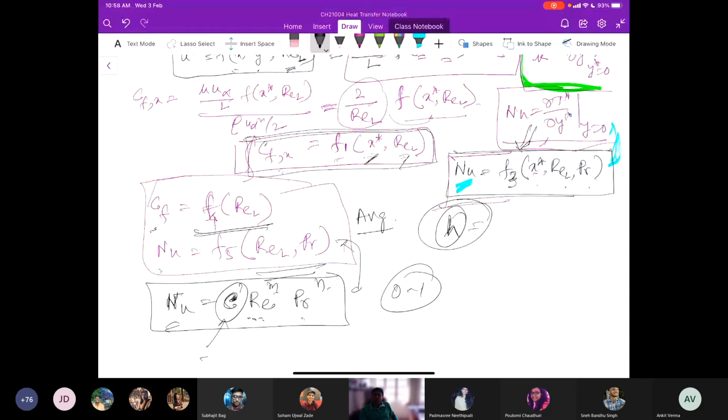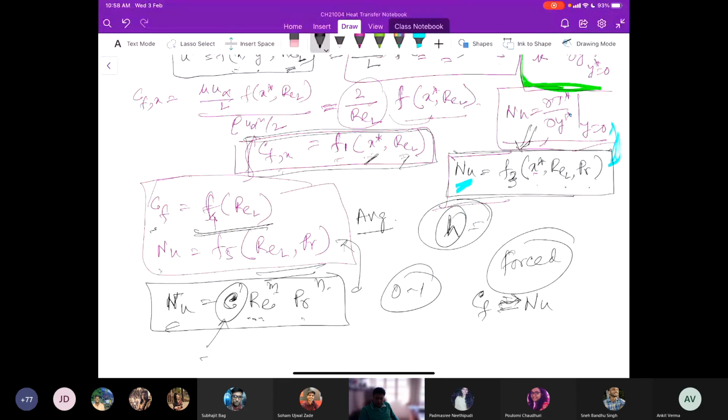If you are given any one of the values, can you calculate the other one in forced convection, because there the friction would be sufficient. So we have to find a relation between CF and Nu.